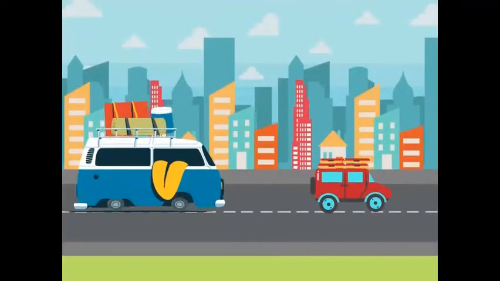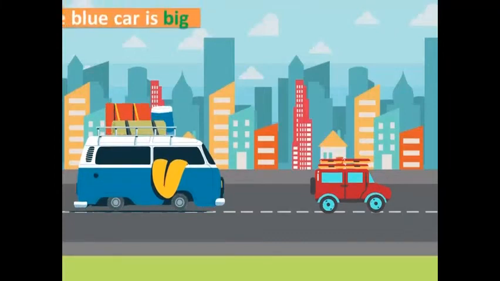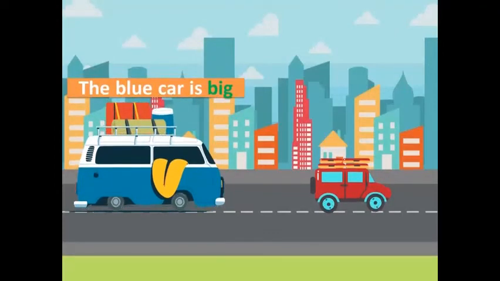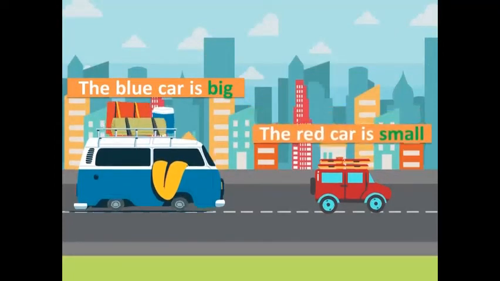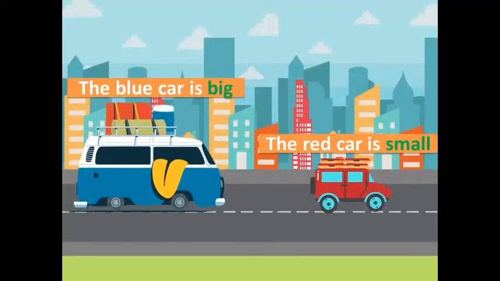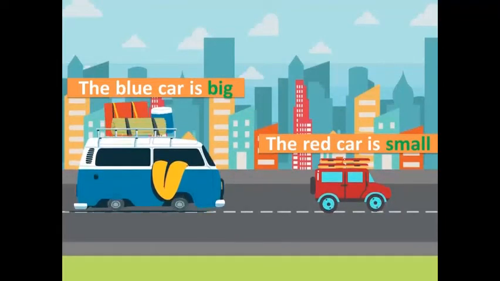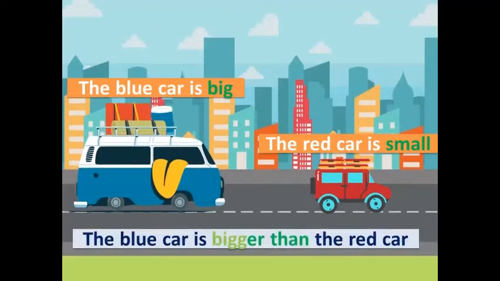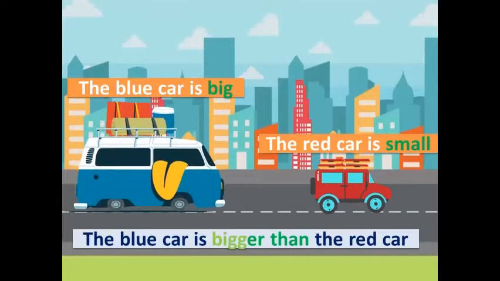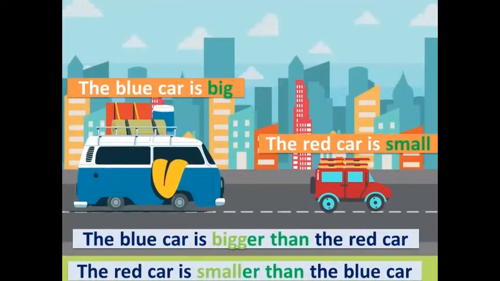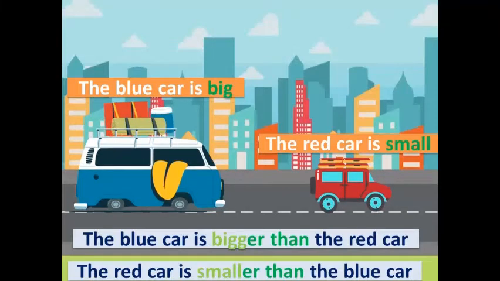Great. Here we have two cars. We have the blue car, which is big, and have the small car, the red car. If we want to compare between these two cars, we will say the blue car is bigger than the red car, or the red car is smaller than the blue car.